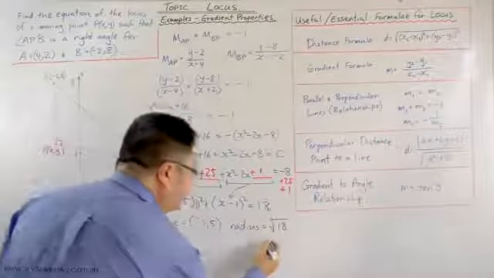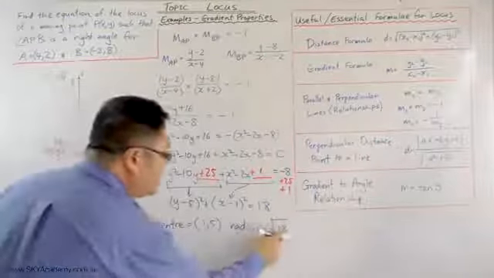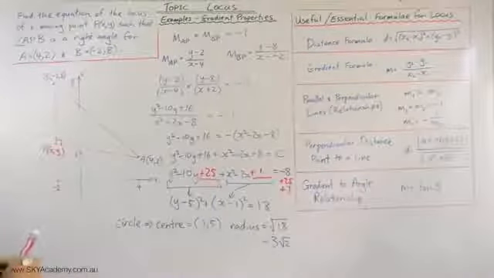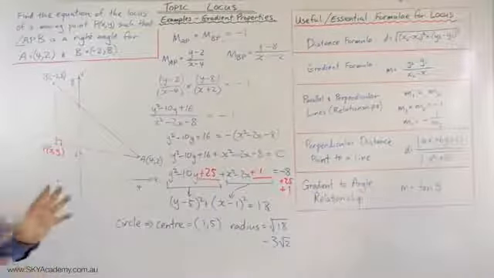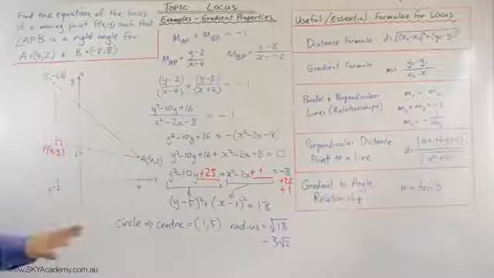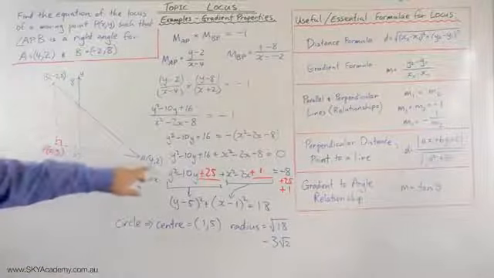Now, root 18, I can work this out. The root 18 is basically 3 root 2, which is your radius.